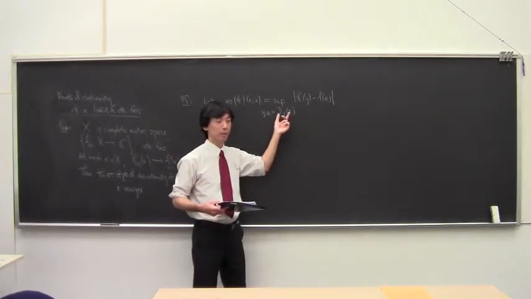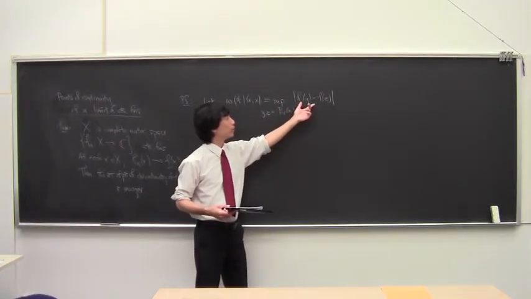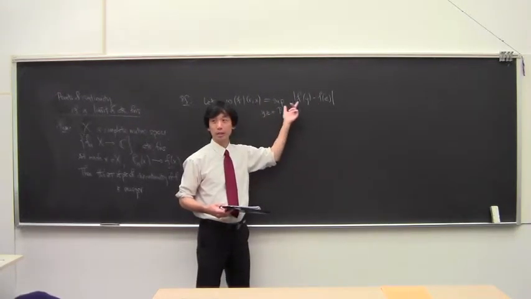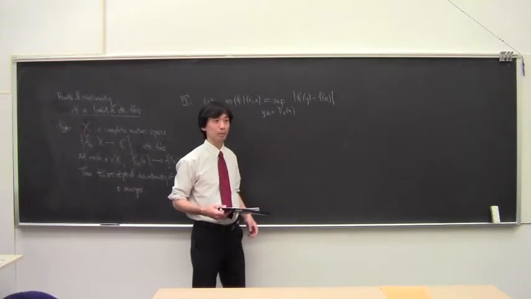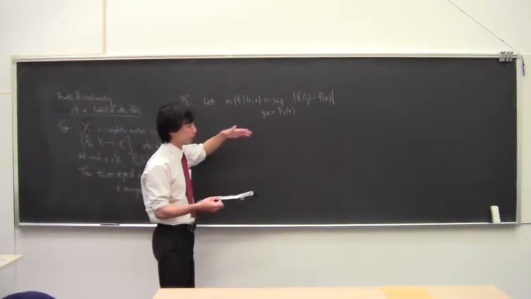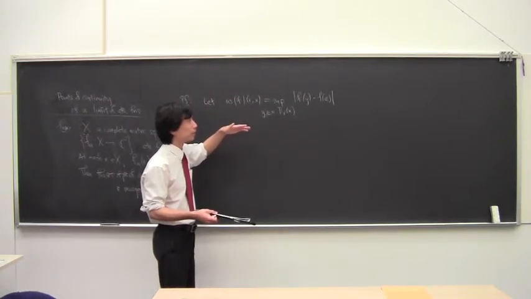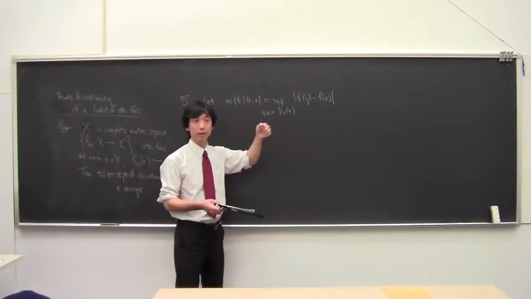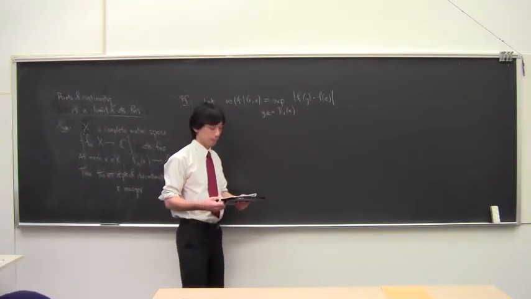Basically it's the diameter of the image of the ball. So it's saying how much this function can differ over that ball.